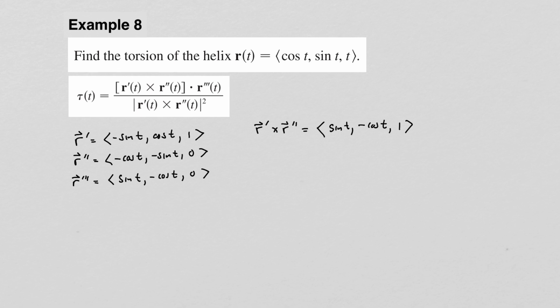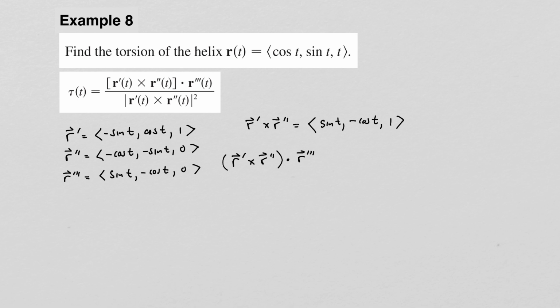So we have r prime crossed with r double prime, and then we are going to take the dot product with r triple prime. And when we perform this dot product, we have sine times sine, which is sine squared of t, plus negative cosine times negative cosine is cosine squared of t, and 1 times 0 is 0, so this is going to be 1. So the numerator is 1.